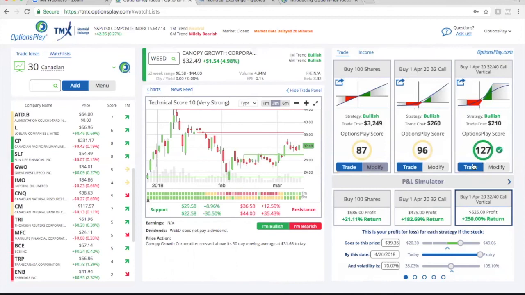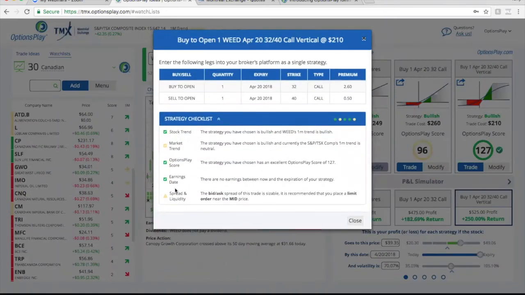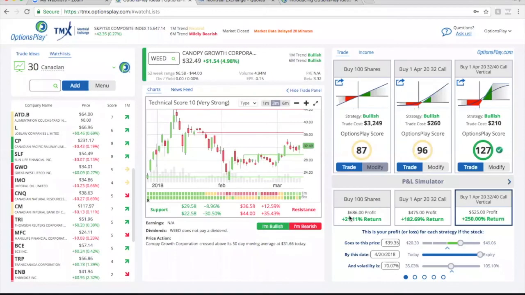And that's what Mark is referring to. I don't have an example of this here right now, but what the options play logo means is that if everything on the strategy checklist is green, that's when you, instead of getting the check mark, you get the options play logo. So it's just saying that not only is this the highest scoring trade, it also meets every single criteria on our strategy checklist. That's when you get the options play logo. Great question.